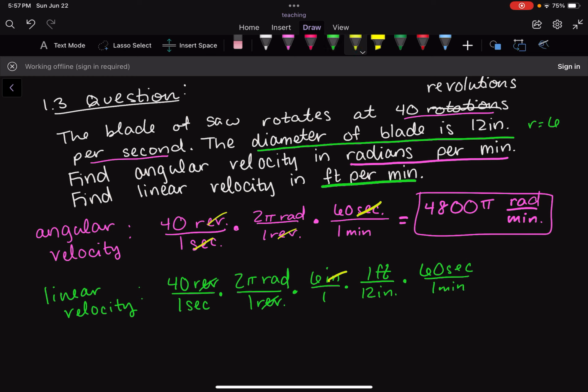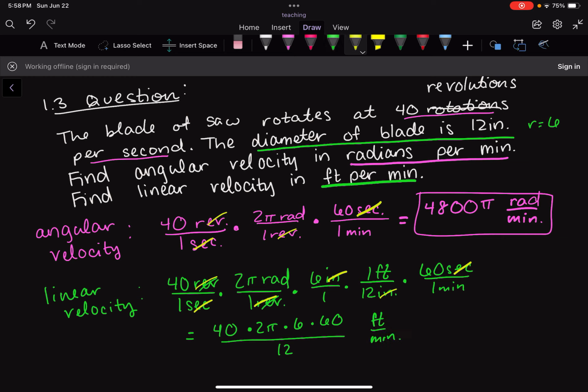So we canceled out inches, we canceled out revolutions, we canceled out seconds. For my final answer here, I would get 40 times 2 pi times 6 times 60, all divided by 12, and that's in feet per minute.